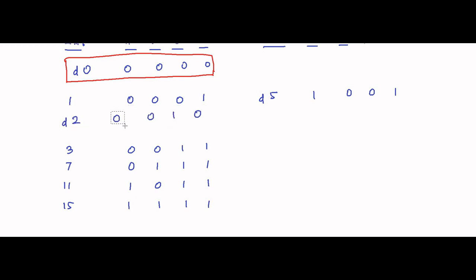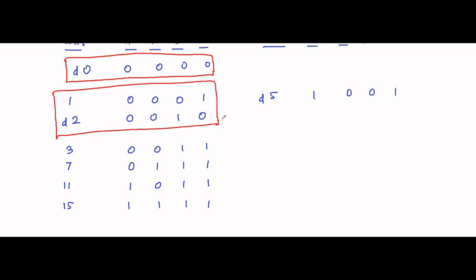This is another group, single 1 bits, 1 and D2. As I've already told you before, the don't care minterm values are involved in group formation.